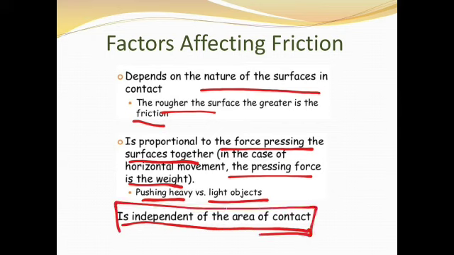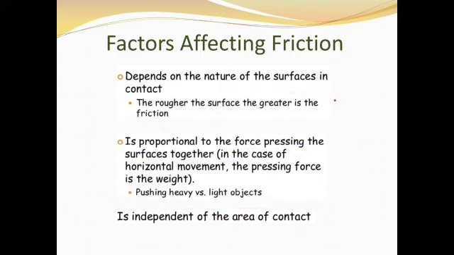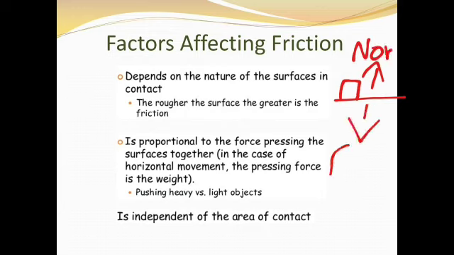If a table is there, and a square object on it, this object's weight gives the normal force, and here is the friction.